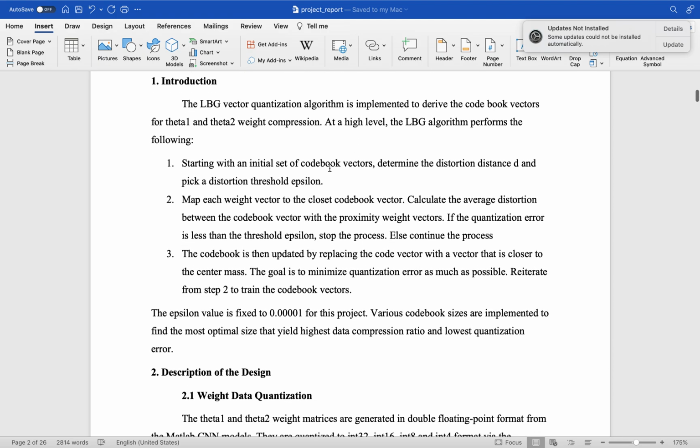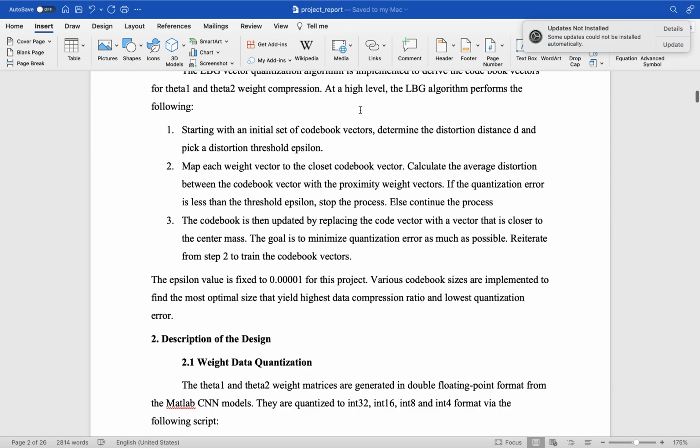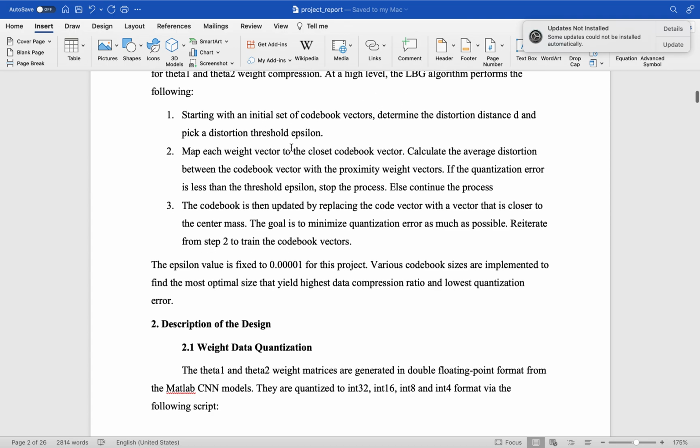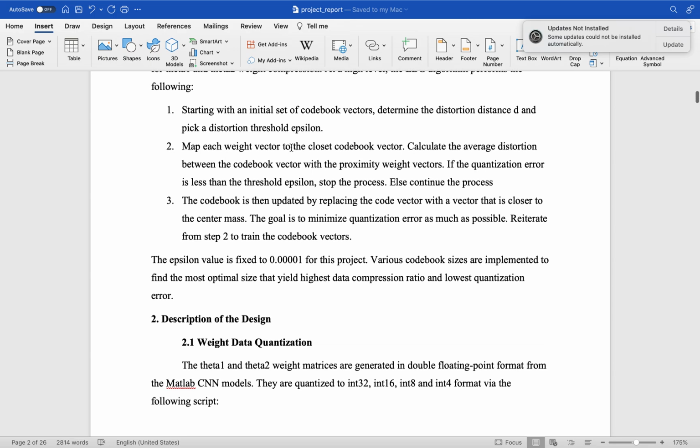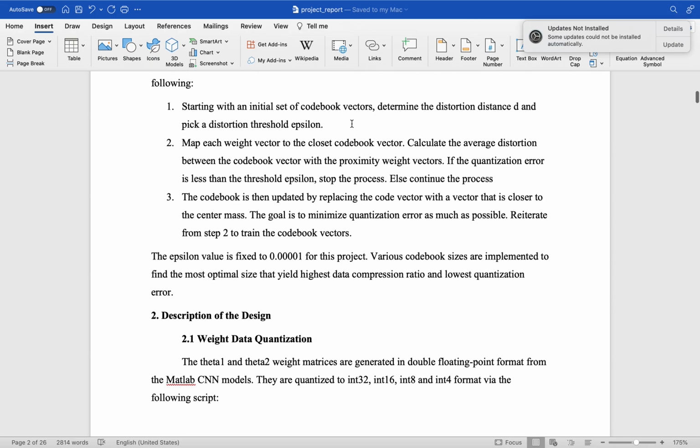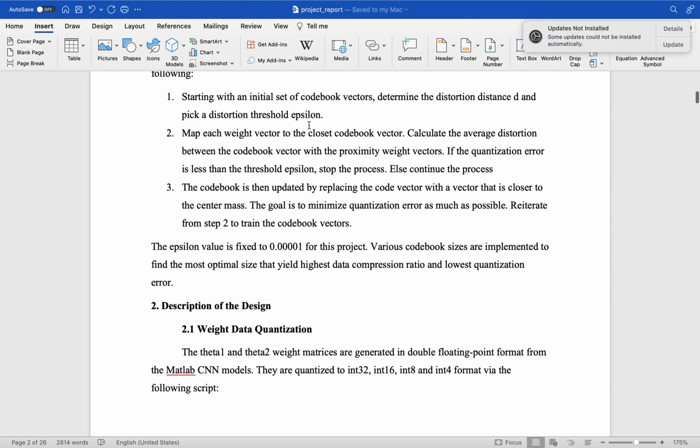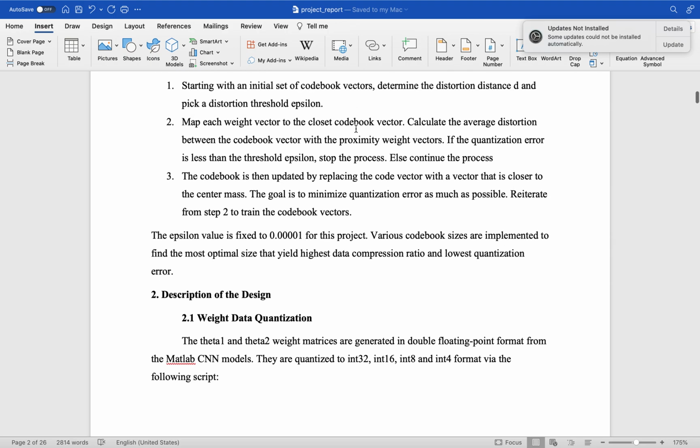So at a high level, the LBG algorithm performs the following. Starting with the initial set of codebook vectors, which are either pre-trained or predetermined, you can pick a distortion threshold epsilon.